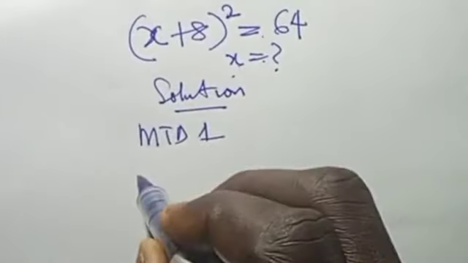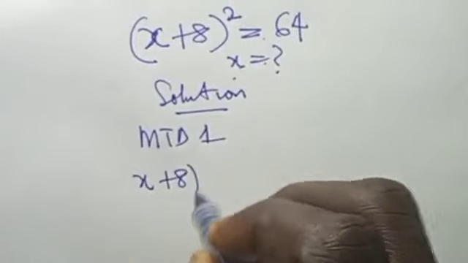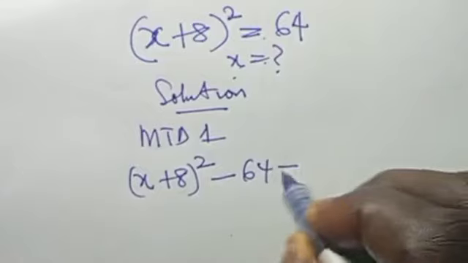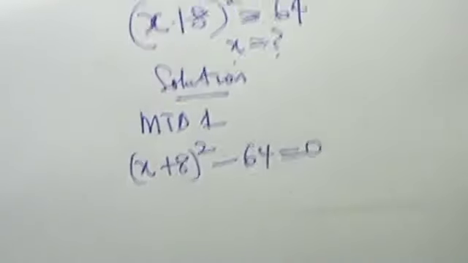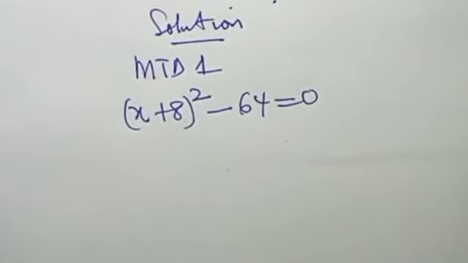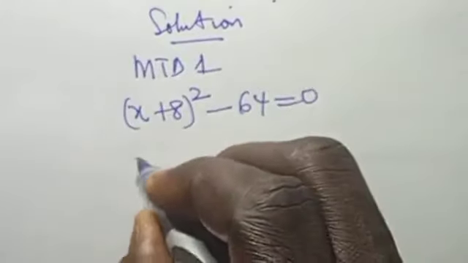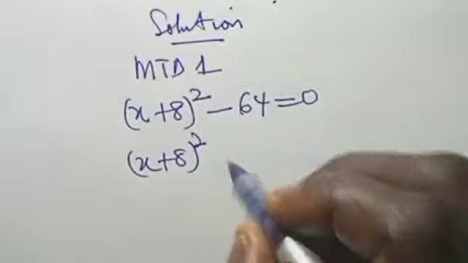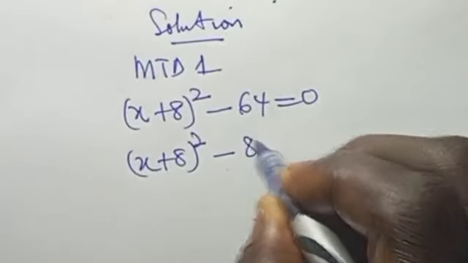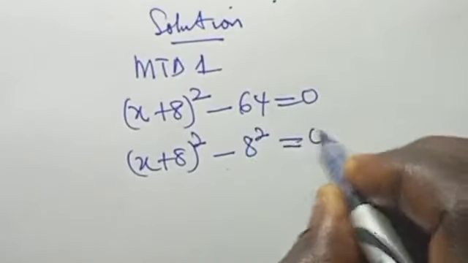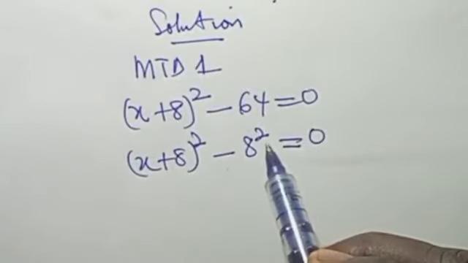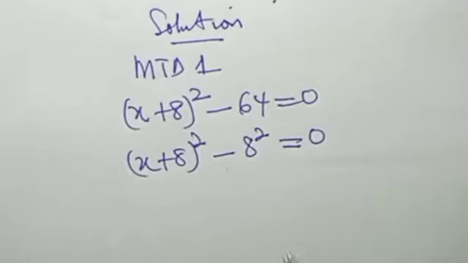will involve (x + 8)^2 - 64 = 0. And here we're going to say (x + 8)^2 - 8^2 = 0, because 8 times 8 is equal to 64.